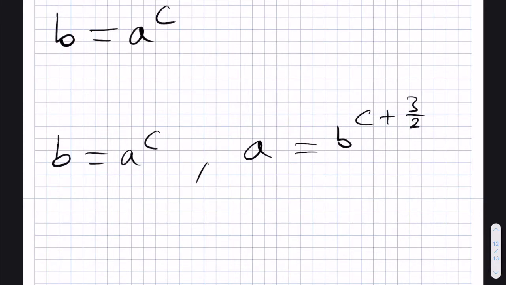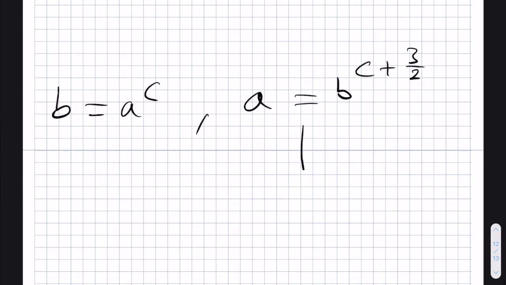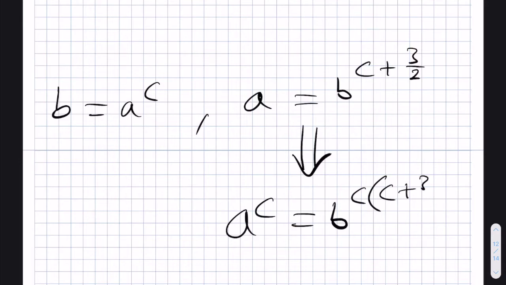We can combine these equations and in the process eliminate A if we raise both sides of this equation to the power of C, because then we'll have an A to the C over here, which we can eliminate with the A to the C over here. So if we do that, then we get A to the C equals B to the C times C plus 3 over 2, due to how powers work when you multiply them together.